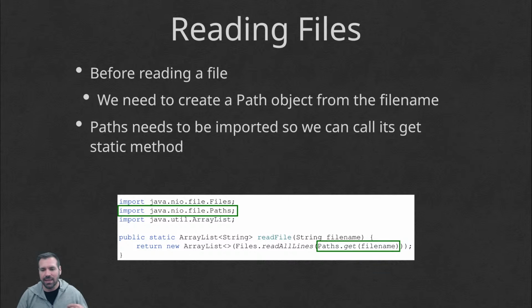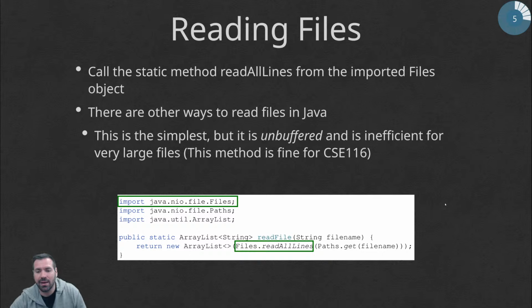So this is how we can call a static method from a class. We can do class name dot and then the name of the method. So Paths has this static method named get. We're going to give it our file name as a string, and it's going to interpret that as a path on our file system. Then we're going to feed that path into readAllLines, which is another static method from the Files class in the same package.